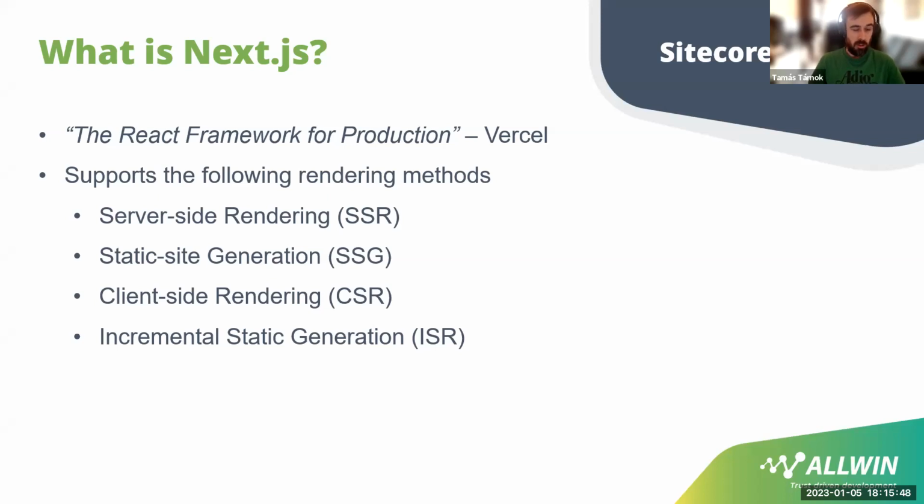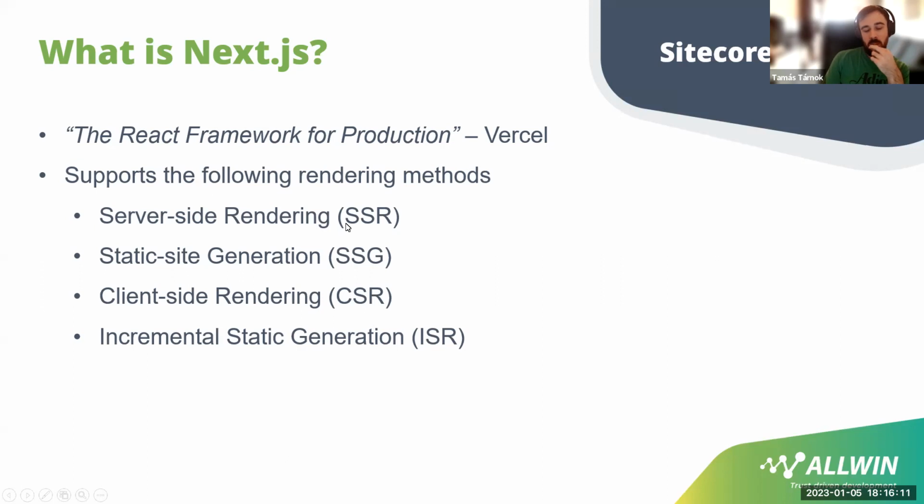And the most important ones, I think, are these rendering methods, where we can select which one we want to use. And different use cases need different selection. So let's just go through these. So we have the server-side rendering.